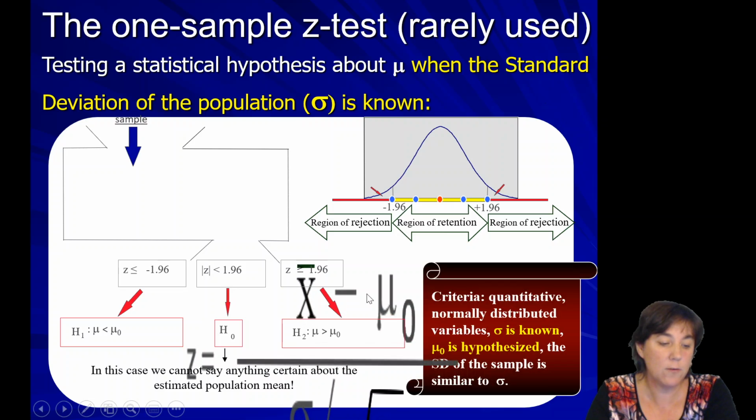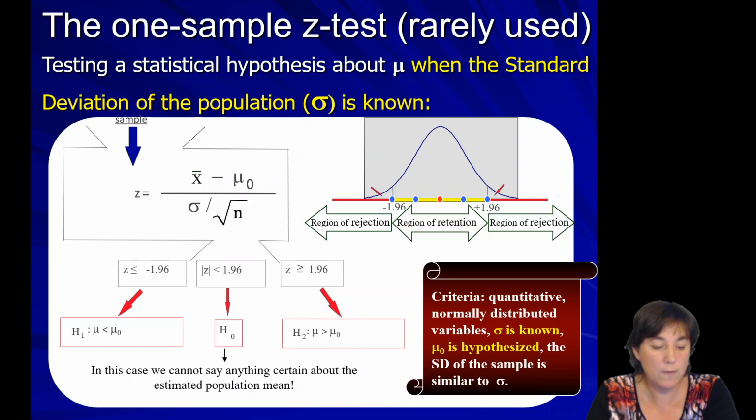Okay, so let's do this with real numbers that we have from the actual data. 16 was the month where these children started to speak. We had 17.5 in the US general sample population.